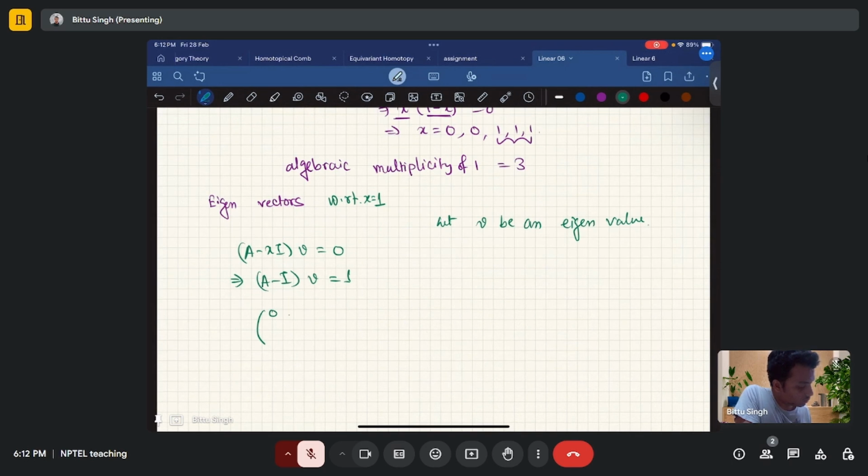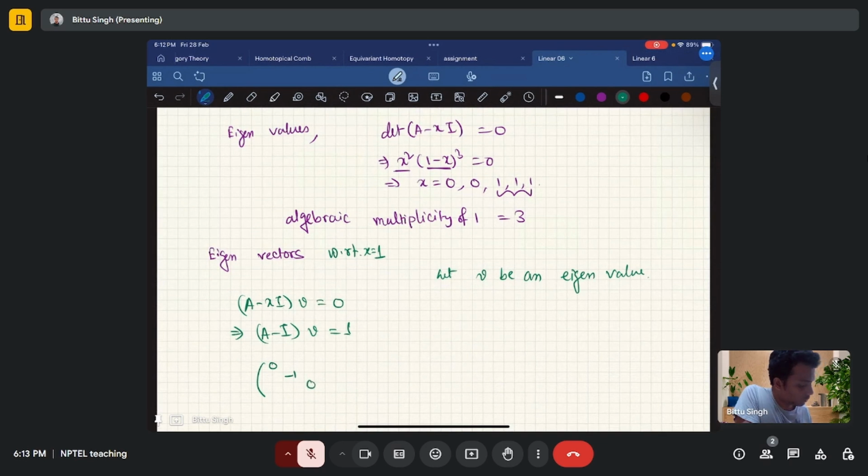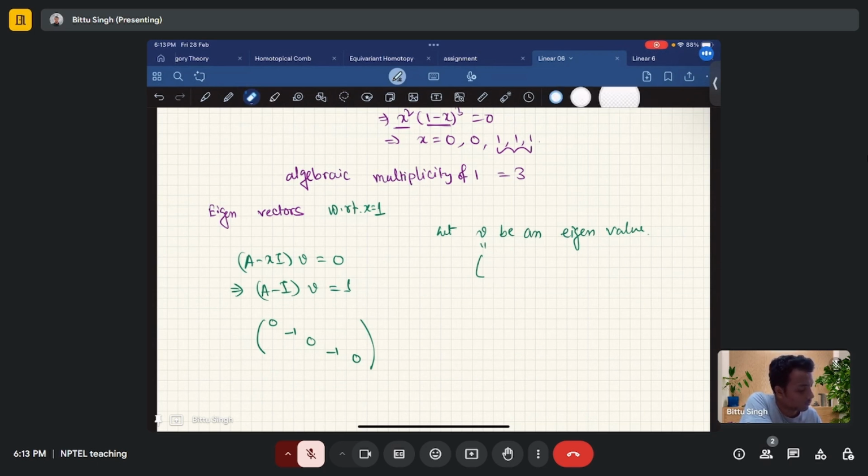0, then minus 1, 0, then minus 1, 0. From here it is clear that if we assume v is the vector x1 up to xn, here it is 4 by 4, so x1 up to x4, or maybe write v1, v2, v3, v4.